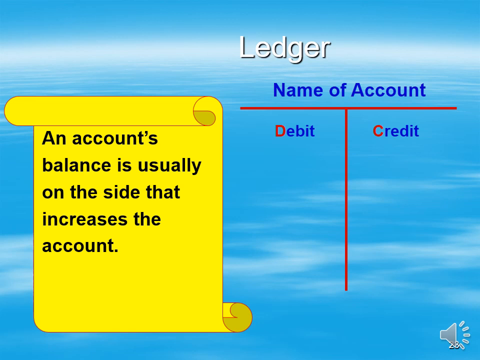After you have transferred all the journal entries into the ledger, into the accounts, you have to close the accounts and calculate the balance for every account. Let's say in your ledger you have a cash account, so you have to close the cash account and then calculate the balance of the account at the date when you close the account.